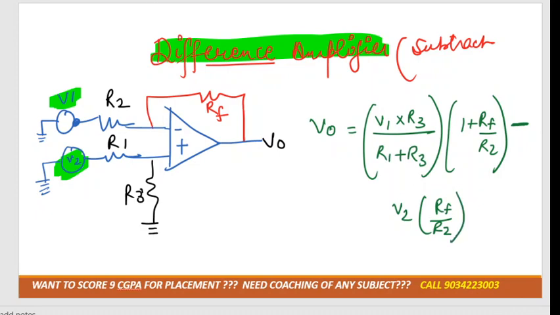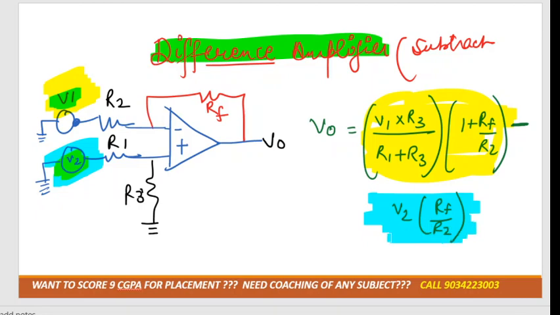What they have done actually, see, this is the output voltage when we consider the voltage V1 only. Remember the superposition theorem? In the superposition theorem, we only consider one single source at a time, and the other source is neglected. So if I consider V1 only, this would be the output voltage. If I consider V2 only, this will be the output voltage.